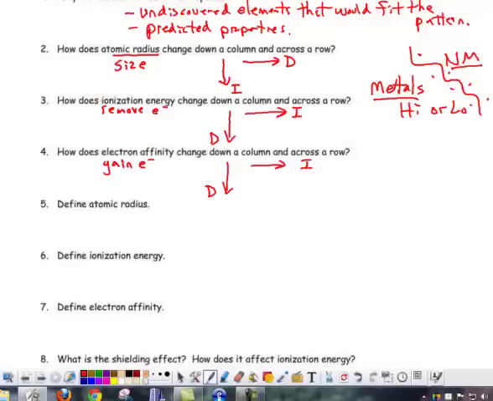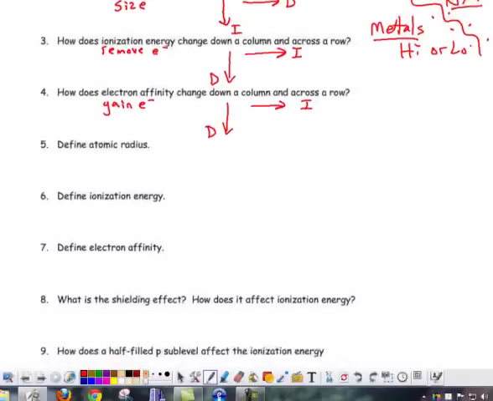Non-metals in general, according to these trends, if you're increasing going this way, tend to have a high ionization energy and a high electron affinity. Metals tend to have a low electron affinity and ionization energy. As for the size, they're going to decrease going this way and increase going down. And so the larger ones, once again, are going to be down over here. And so the non-metals would tend to have small radius, and the metals would tend to have a large radius.